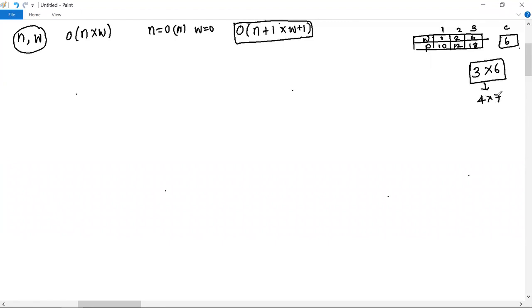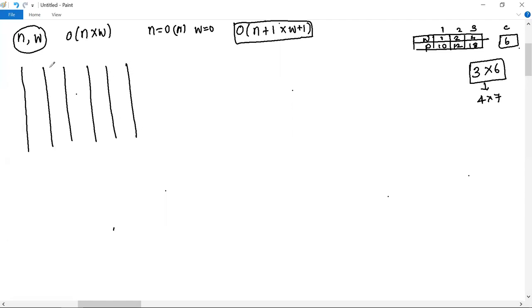Now I'll be drawing the table here. Let me draw it for you first. 0, 1, 2, 3, 4, 5, and 6.